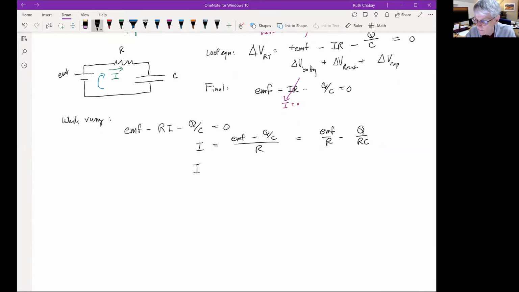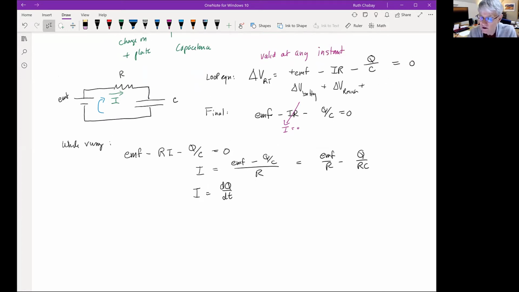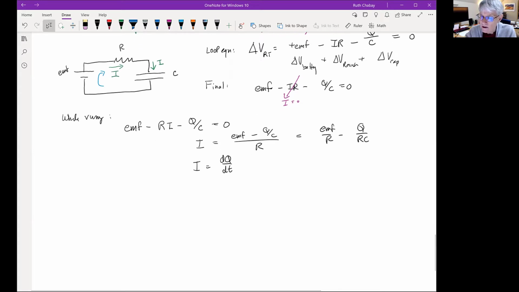Well, the current is actually the rate of change of the amount of charge on the plate of the capacitor, because the number of coulombs per second that flow onto there is in fact the change per second in the charge on the capacitor. So we can rearrange this to get dQ.